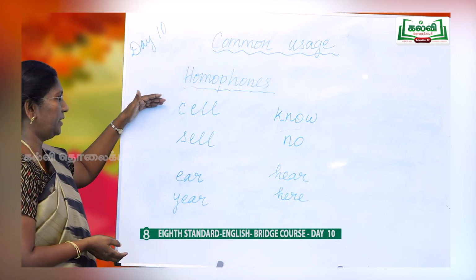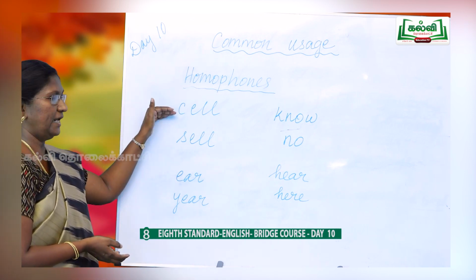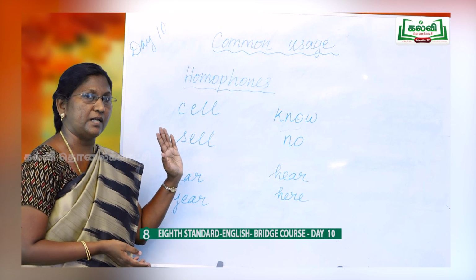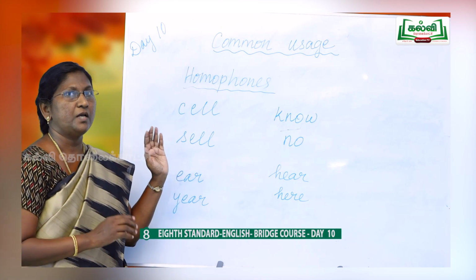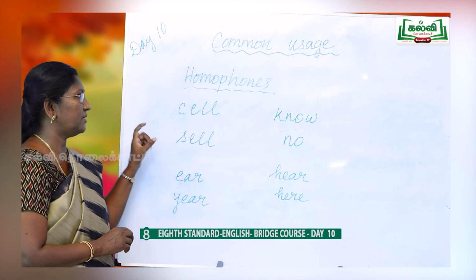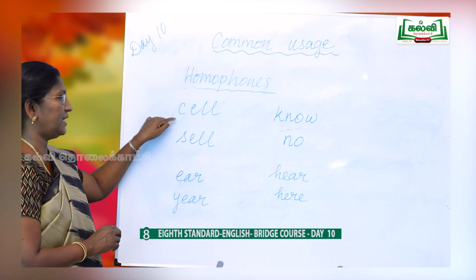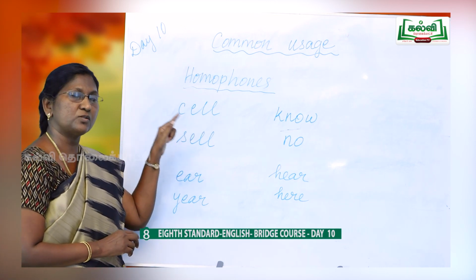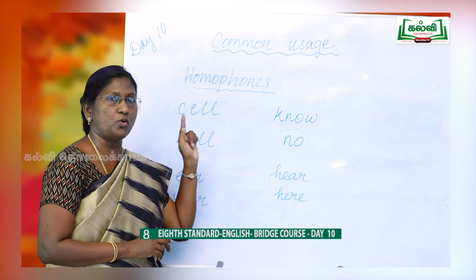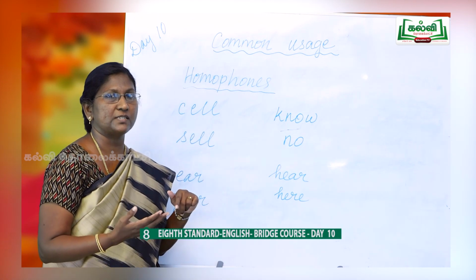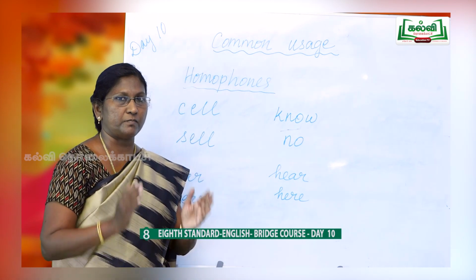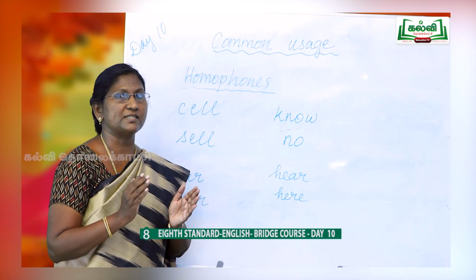So for example, the first one we can see cell, cell. Both are cell, the sound is the same, but the words are different. Spellings are different. First one is C-E-L-L. The cell has so many meanings. So cell phones, even in a jail, one room in a jail is called a cell.